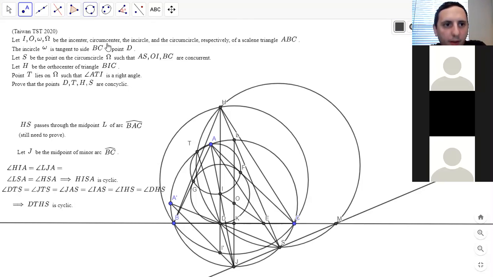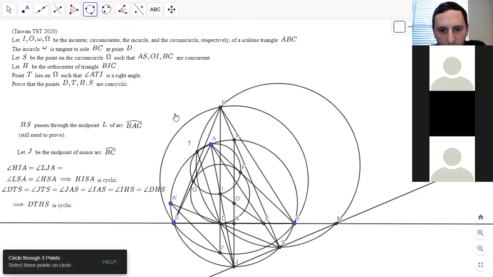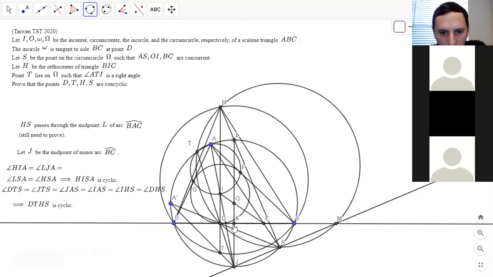Okay, so LKSM is cyclic. And HDC is 90 degrees too.